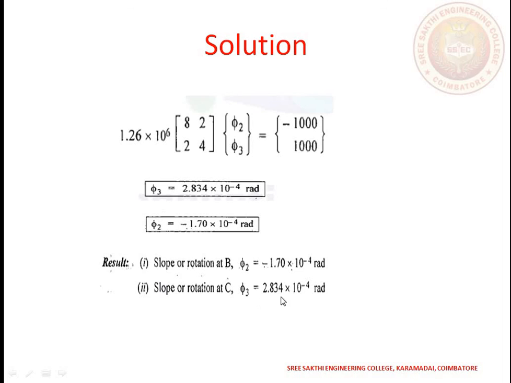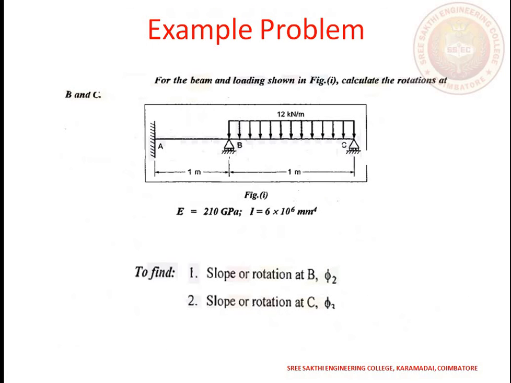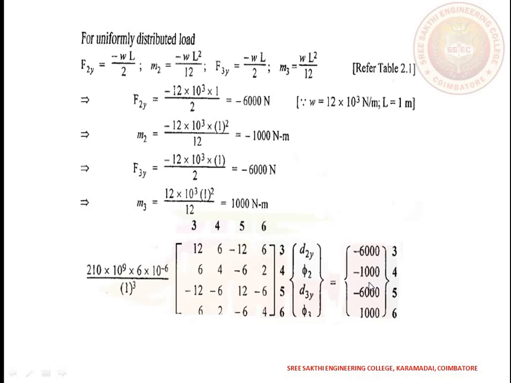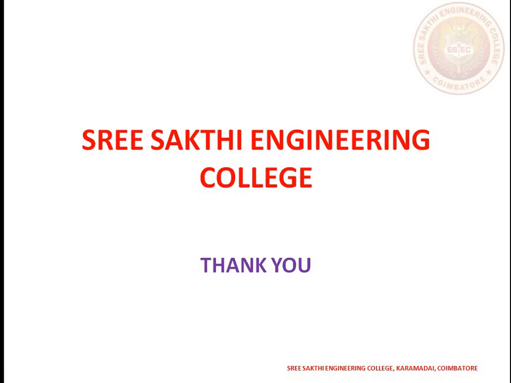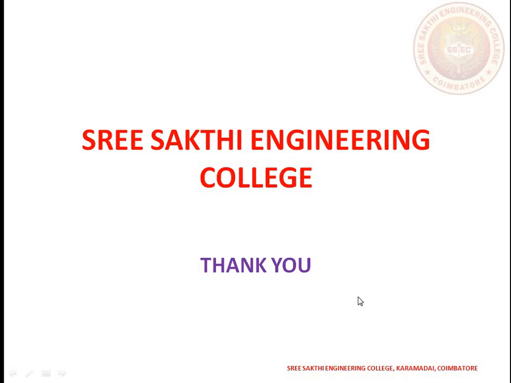This is your result, the slope or rotation. So the problem is to find the slope and rotation, and it can be easily calculated by the numerical method: minus 1.70 into 10 power minus 4 and 2.83 into 10 power minus 4. Okay, thank you. I hope everyone understands. Thank you.